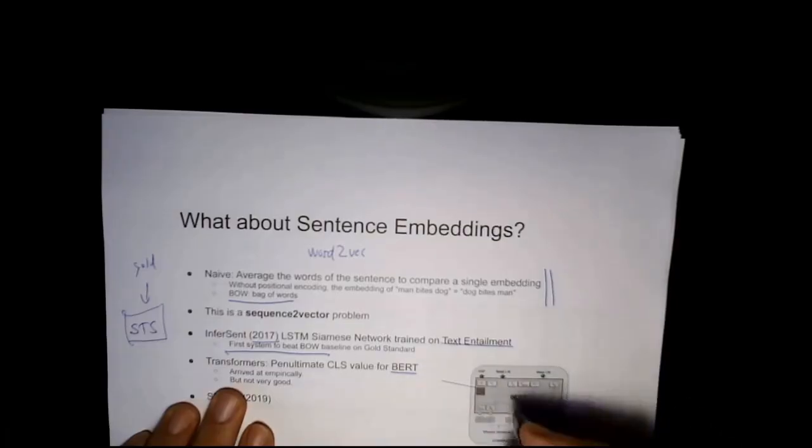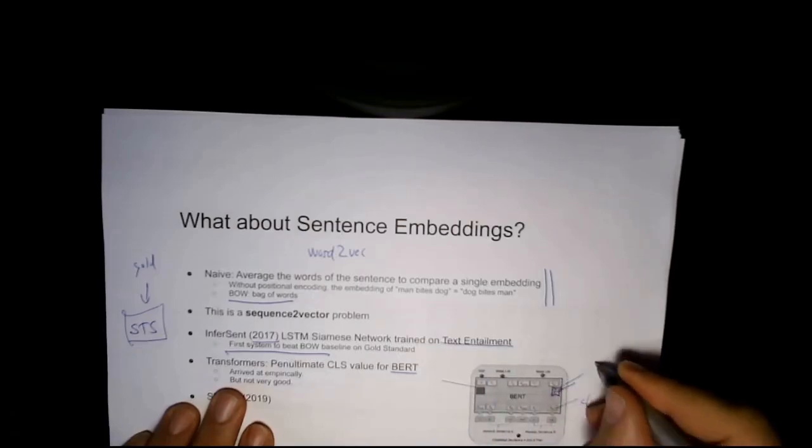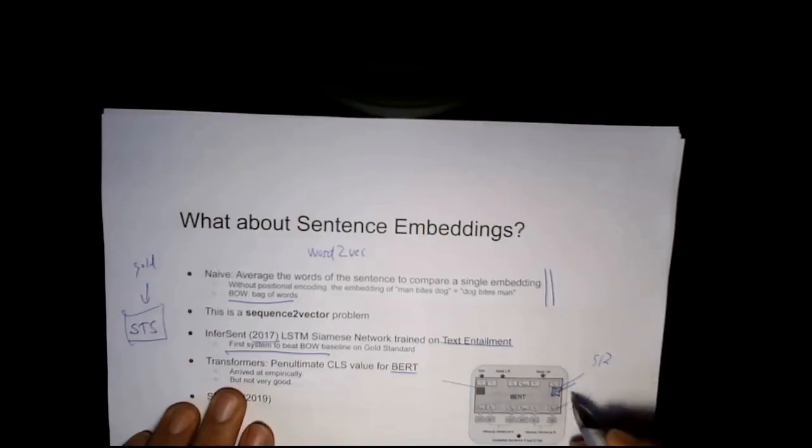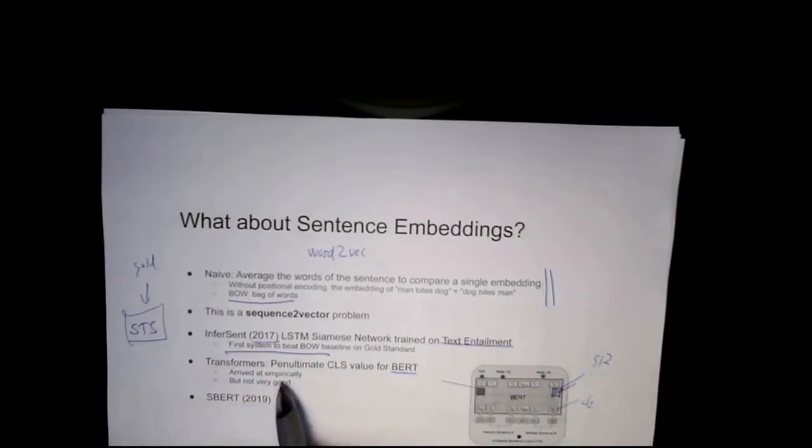We're just going to look at either the beginning or somewhere in the BERT network, and this has 512 dimensions, the same dimension. It doesn't have to do with guessing the next word. We're going to use that to decide what the representation of the meaning of the sentence is. That was arrived at empirically, but it wasn't very good.